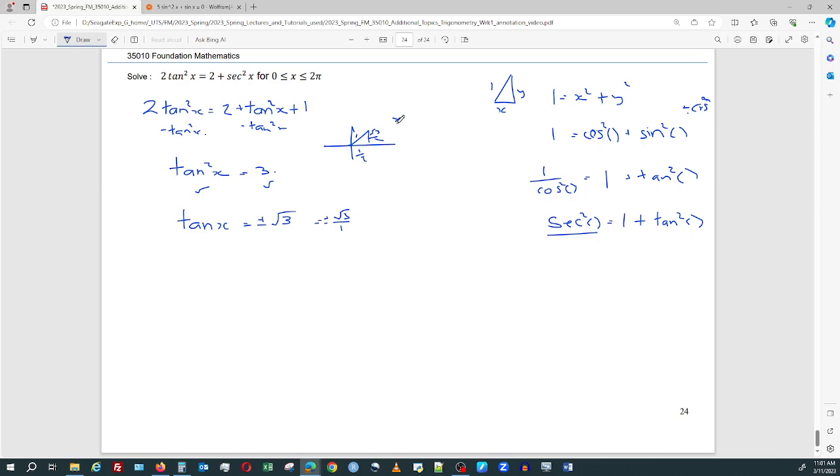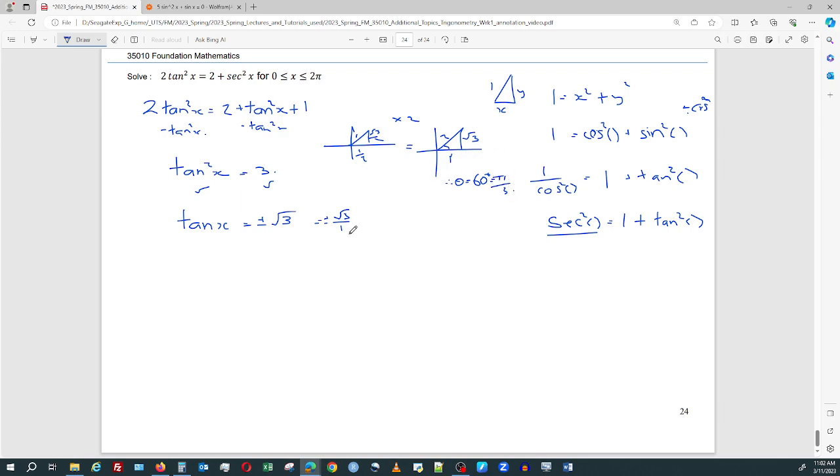If we times that by 2, this is in our white sheet, we will get 2 root 3 and 1. So this angle is tan, which is opposite over adjacent. So without even thinking about it, we can say that x, or theta, is equal to 60 degrees, or pi on 3.